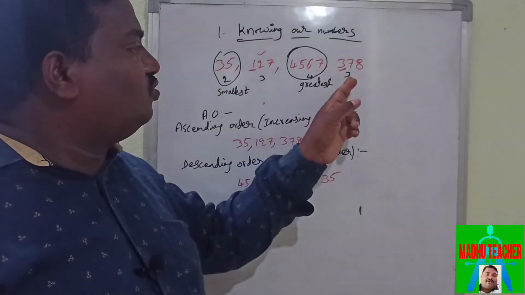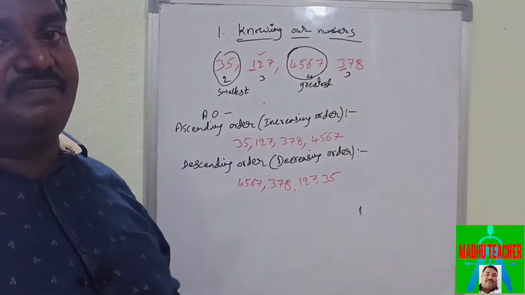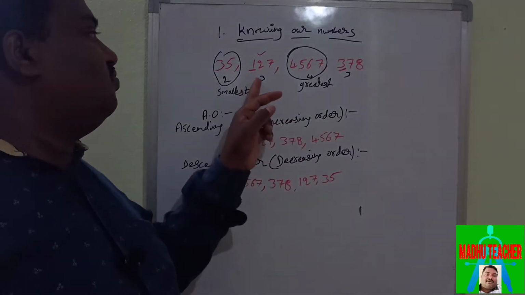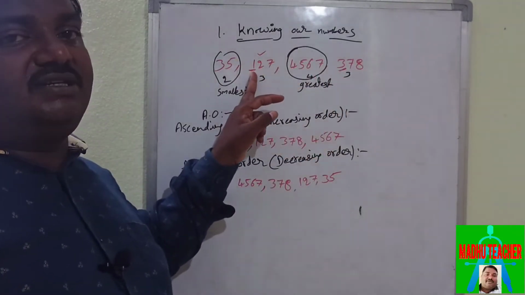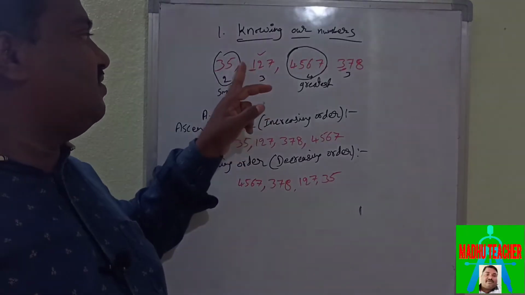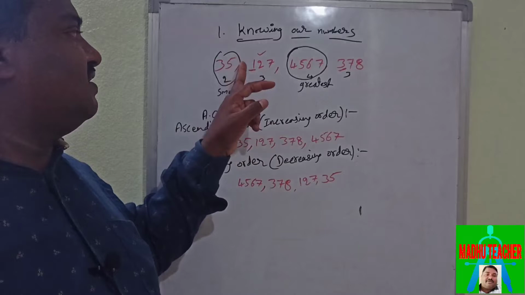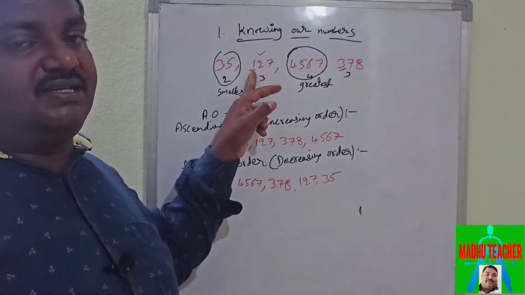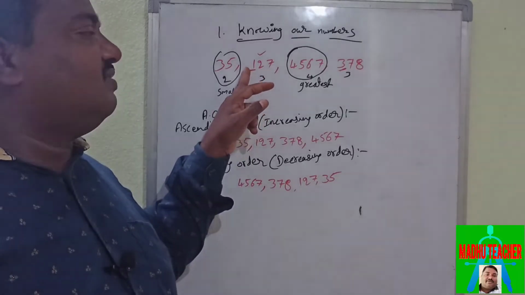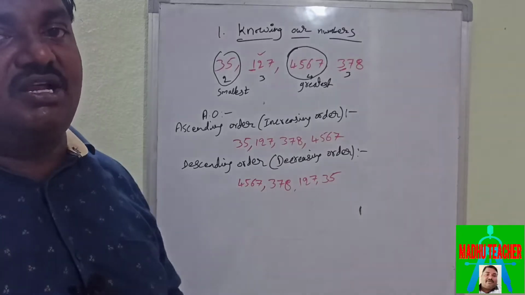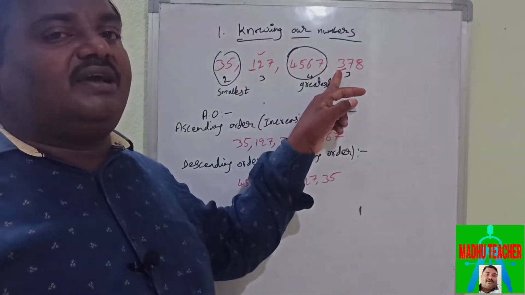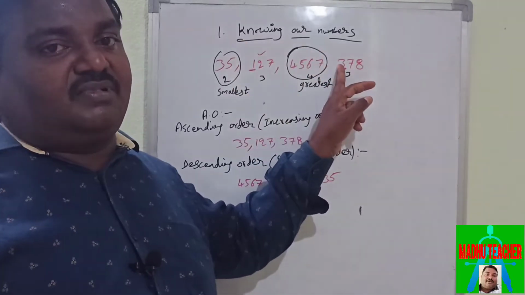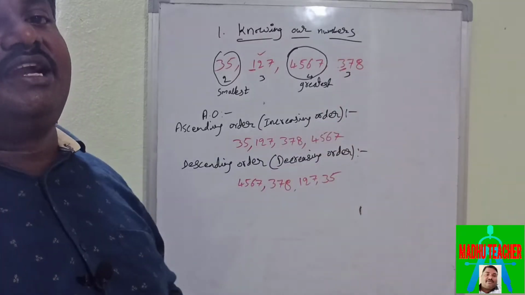And if two numbers have the same number of digits, then we see the first digit from the left. The one with the least digit is the smaller number, and the one with the greater first digit is the greater number.